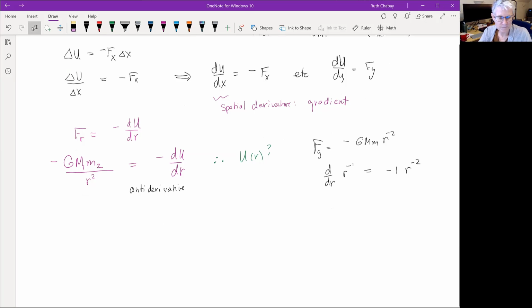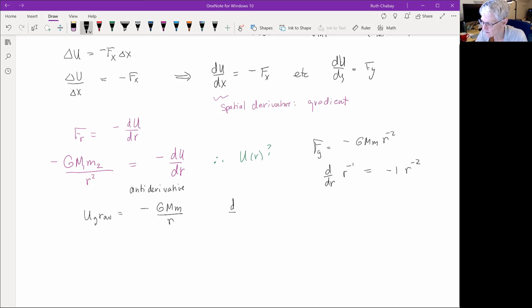So it looks like our gravitational potential energy is going to be equal to, let's say U gravitational is equal to minus G M M over R. Now, let's make sure the signs come out right.